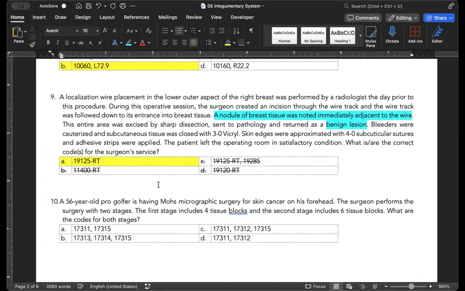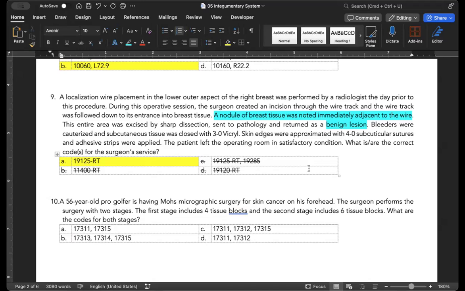You're welcome. So, Lindsay, is it typical to get a path report during operation to determine that it's benign or not? Sometimes it comes back during, sometimes it comes back after. It just depends on how quick the pathology lab is, to be totally honest.